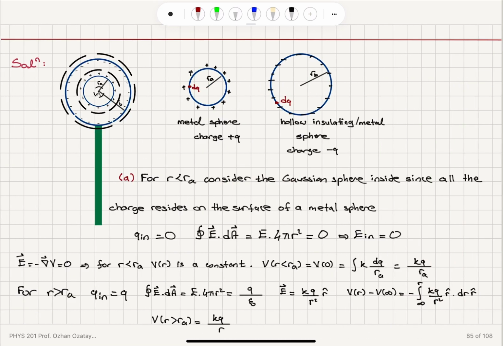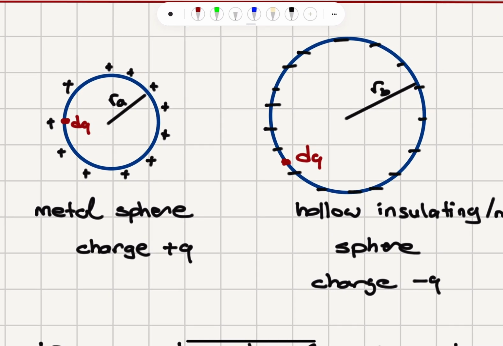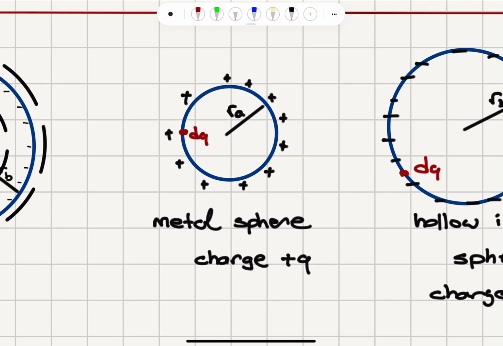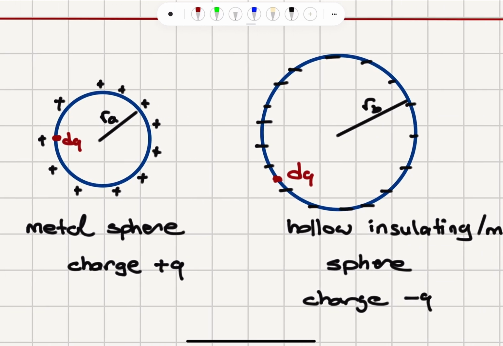By considering the contribution from a metal sphere, knowing that the electric field inside is 0, the potential is a constant, and the potential inside is the potential at the center, which is kq over R_A, and outside the potential is kq over R. So inside this sphere, we will have kq over R sub A due to this charge, and minus kq over R sub B due to the outer spherical shell. So that will be the constant potential inside.